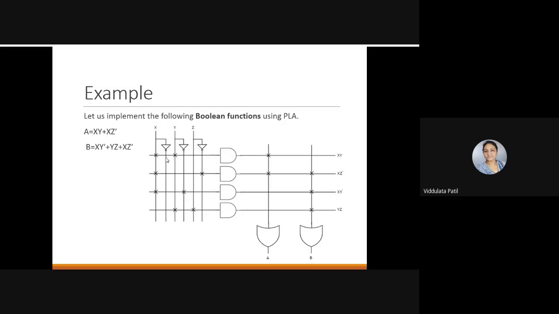Depending on our functions, we can connect those inputs to the AND gates. In this case, for the first AND gate, you can connect x and y. For this AND gate, you can have x, z bar and so on.